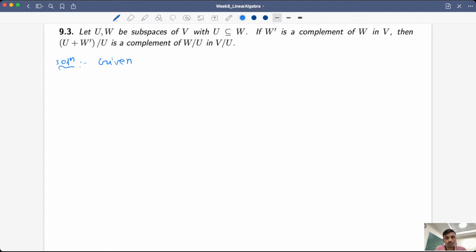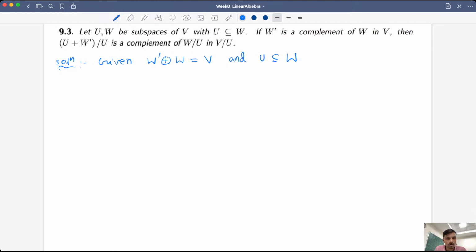Given w prime direct sum w equal to v, and u contained in w.